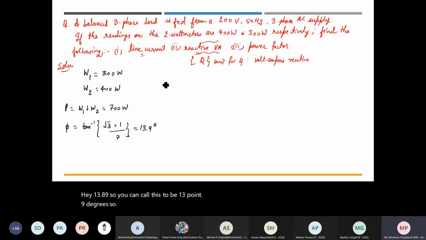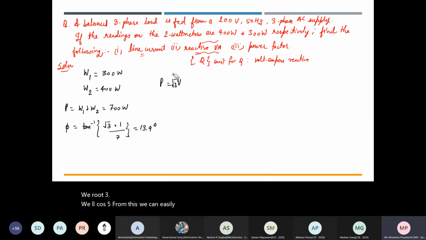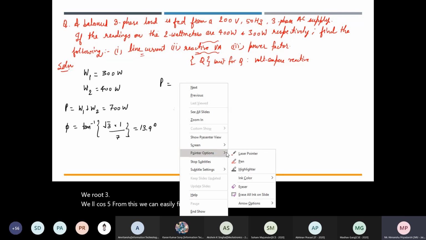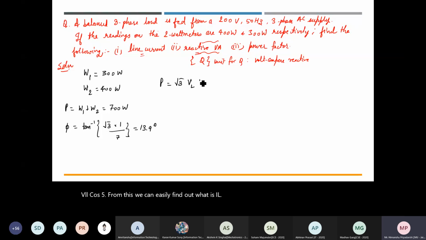Since P is root 3 VL IL cos phi, from this we can easily find out what is IL. VL is this.